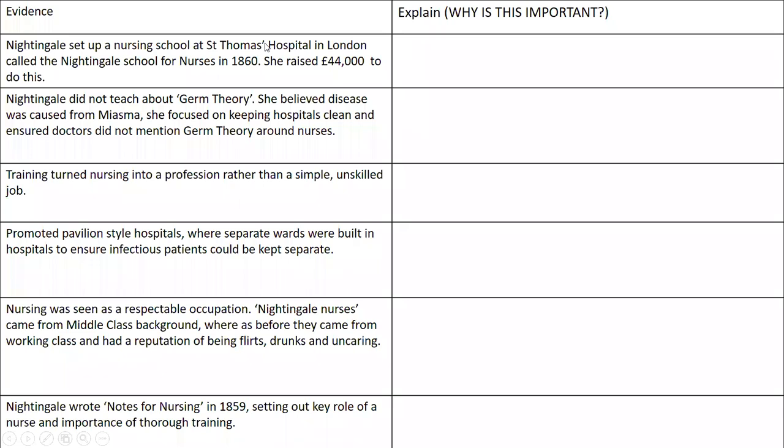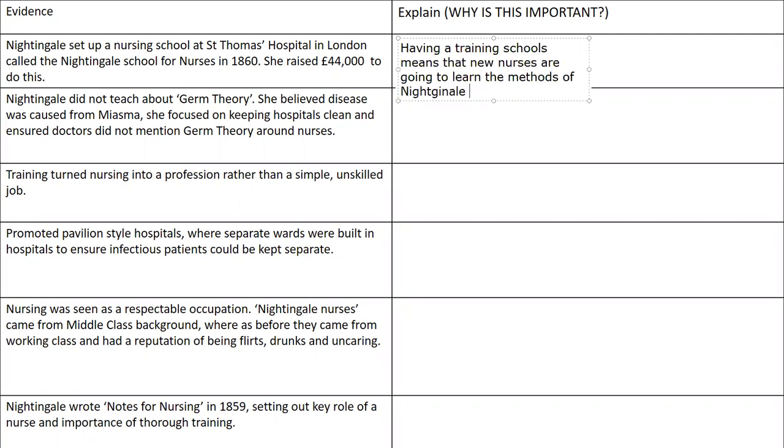Why is that going to cause such a big change? Well, having a training school means that new nurses are going to learn the methods of Nightingale, which is important. Hope I spell Nightingale right.